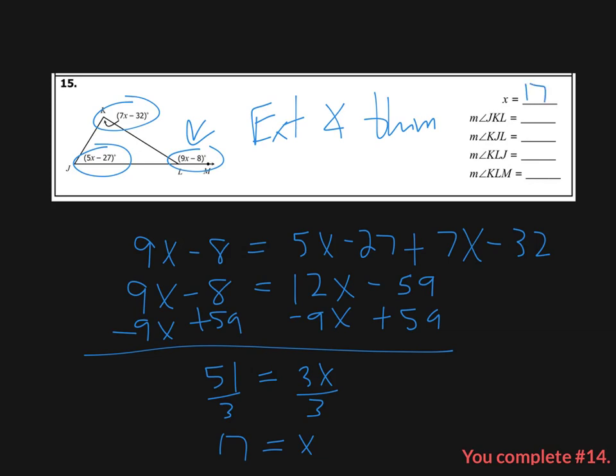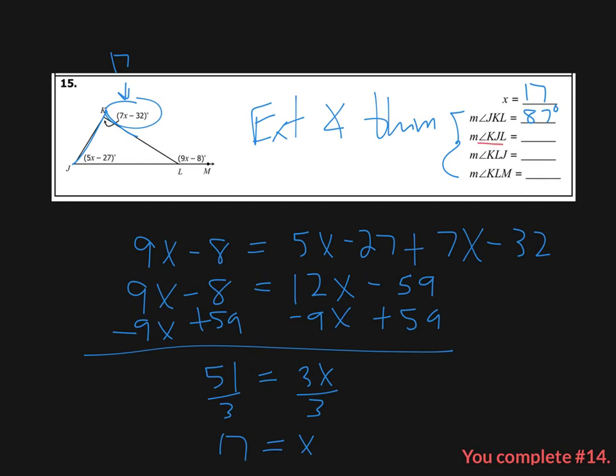Now we go get all the values of our angles. Now take notice, all of the angles are all named using 3 letters. So where is angle JKL? JKL is my 7x minus 32. So when I put 17 in for the x, that first angle is going to be 87 degrees.